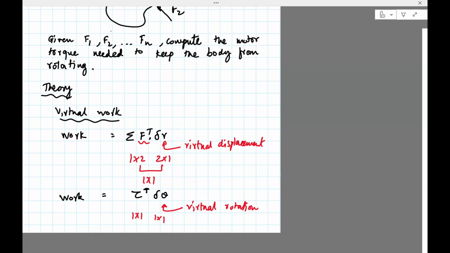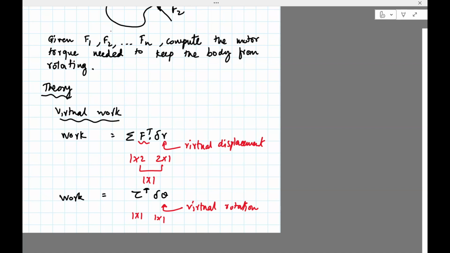So now we have work done by a virtual displacement dr. We have work done by the torque. And remember that if there is work done by two things, the net should balance out. If they don't balance out, there'll be net rotation of this.